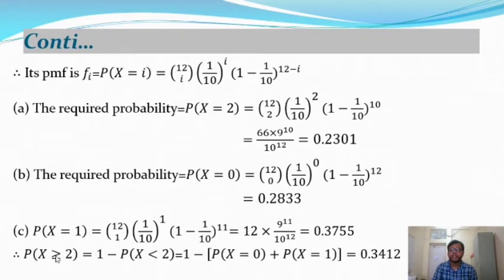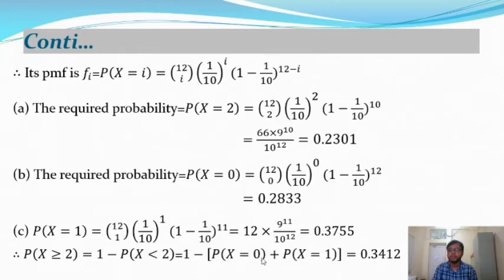So the required probability will be probability of x greater or equal to 2, so at least 2 pens are defective. So this is equal to 1 minus probability of x less than 2. This is the property of probability. Okay. And probability of x less than 2 will give probability of x is equal to 0 plus probability of x is equal to 1. So here probability of x is equal to 0 is 0.2833, and probability of x is equal to 1 is, I have already found this one, 0.3755.